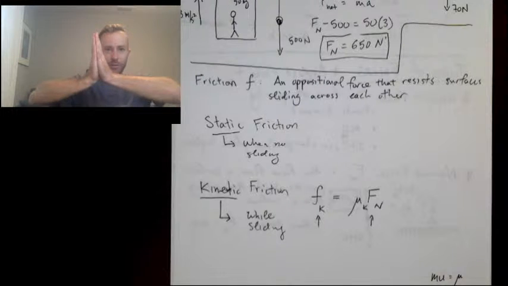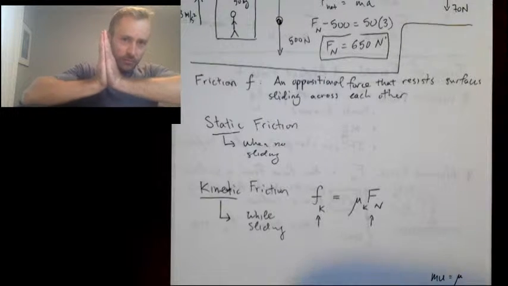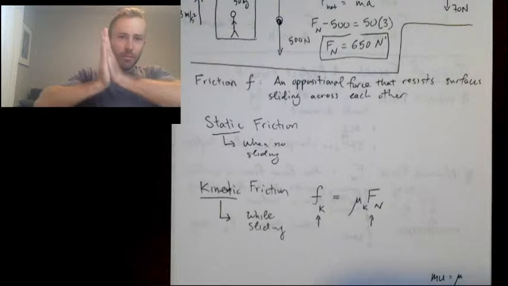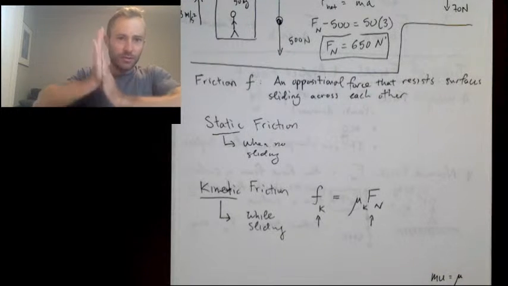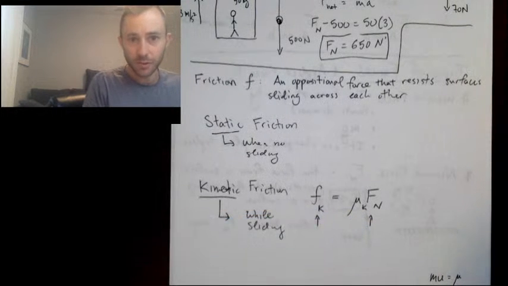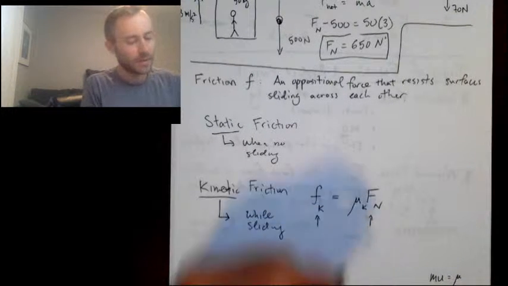But if you really push hard, push your hands together really firmly, you're increasing the normal force between your hands, okay? And it's much harder to slide them across each other. So the bigger the normal force is, the bigger the friction force is, all right?